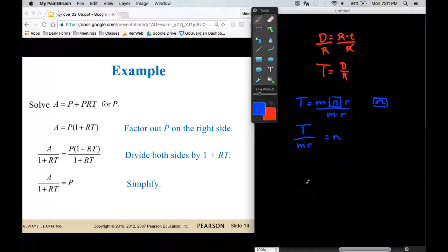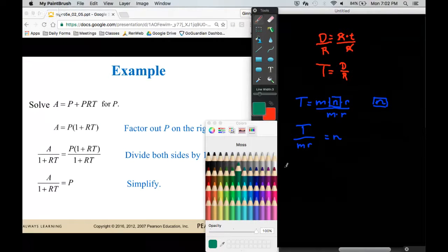All right, this one's a little bit more complicated. What you're looking at in this one is A equals P plus P times RT, and you need to solve for P. Now, what you want to look for in this situation is an addition sign.